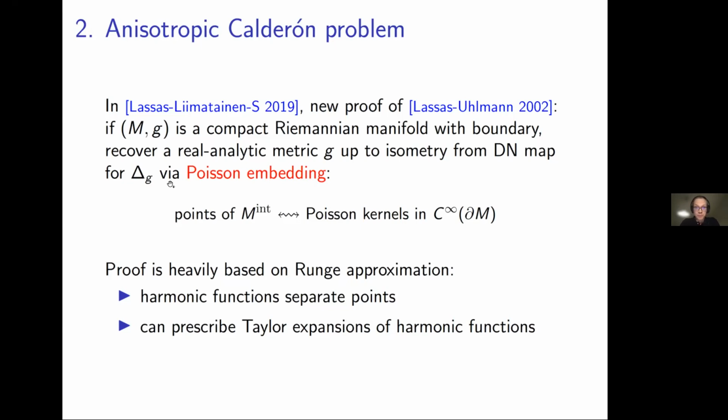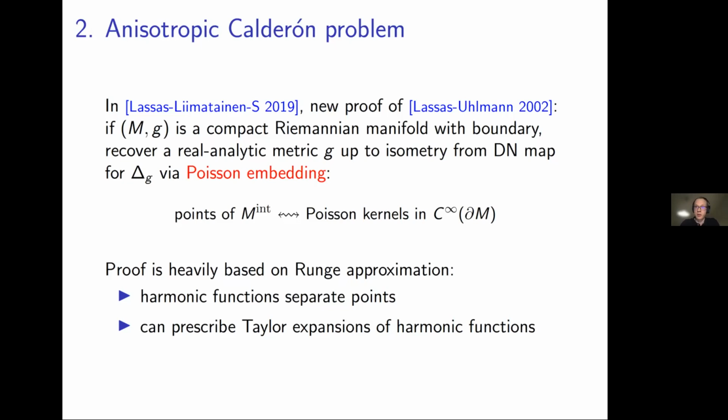And so we give a new proof of this result and give a new method, which we call the Poisson embedding. The idea is that you can do measurements on the boundary of your domain, but you don't know what is inside. And in this geometric setting, you don't even know the topology of your domain. There might be holes or whatever.